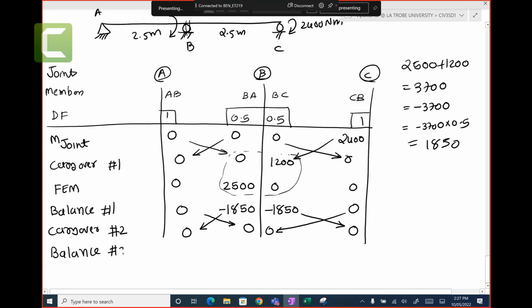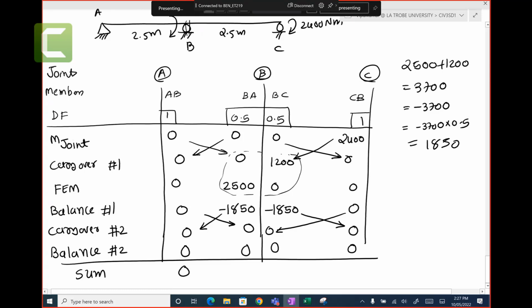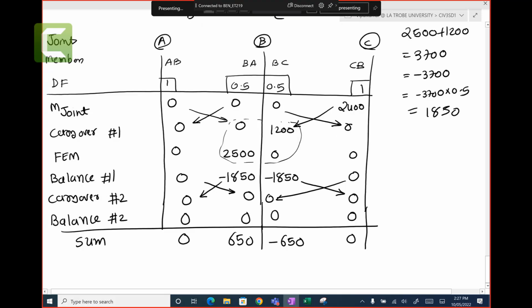We do one more balance 2: 0, 0, 0, 0. And then we do the sum: 0, 2500, take away 1850. You get 650, minus 650, and you get 0.